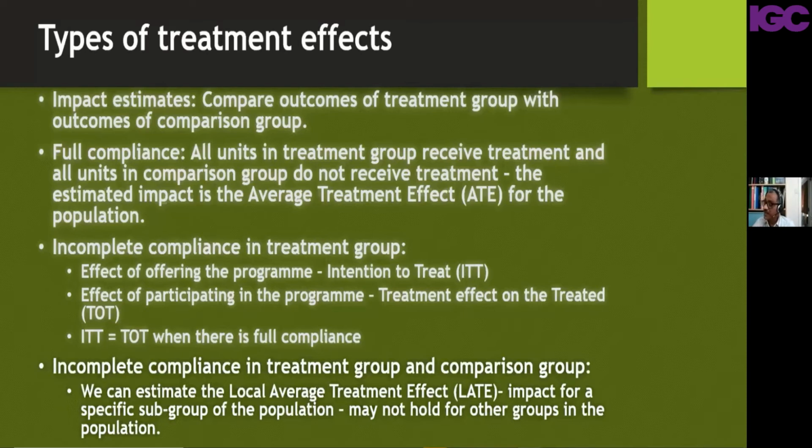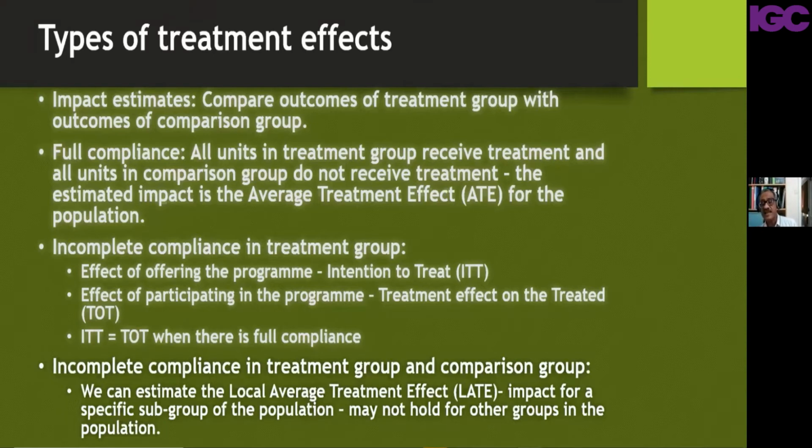Now, what happens if you have incomplete compliance in the treatment group as well as in the comparison group? Treatment group lack of compliance is that you are eligible for the program, but you choose not to participate. So that is incomplete compliance in the treatment group. What is incomplete compliance in the comparison group?